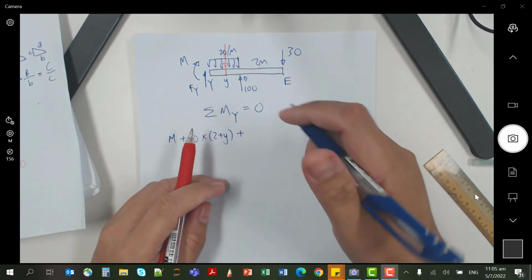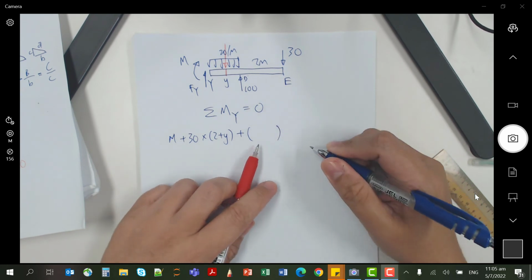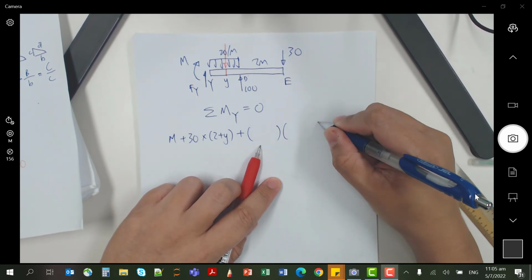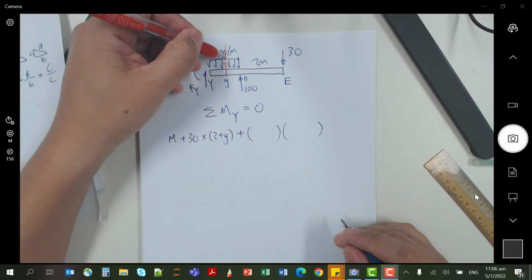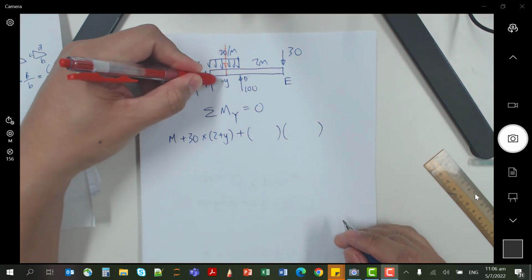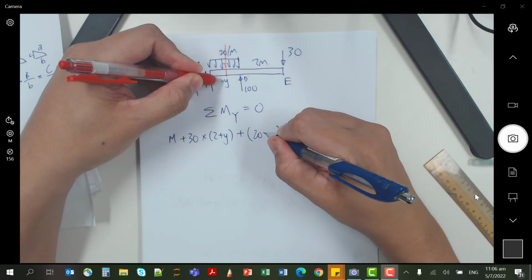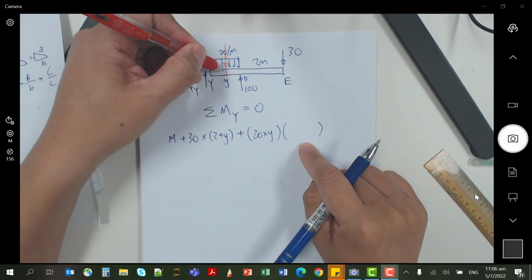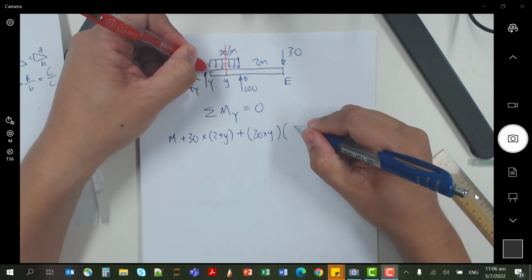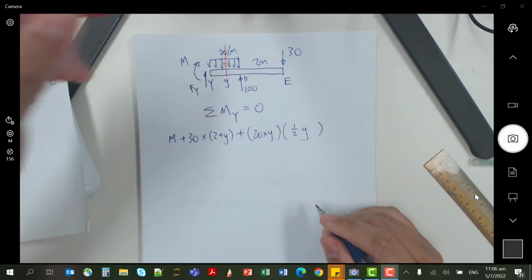So what is the force and what is the moment arm? The force is a total of 20 multiplied by y meters, 20 times y. The moment arm is halfway across, so it should be half y.